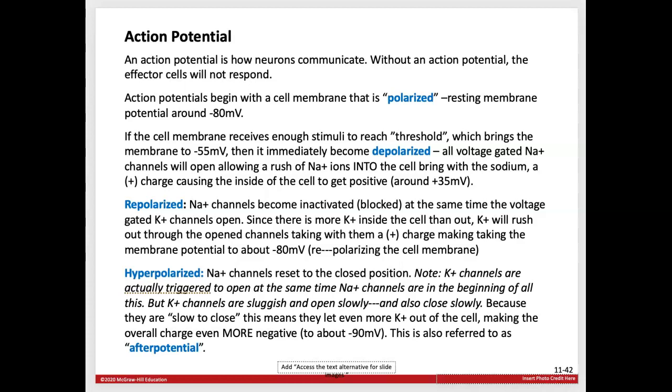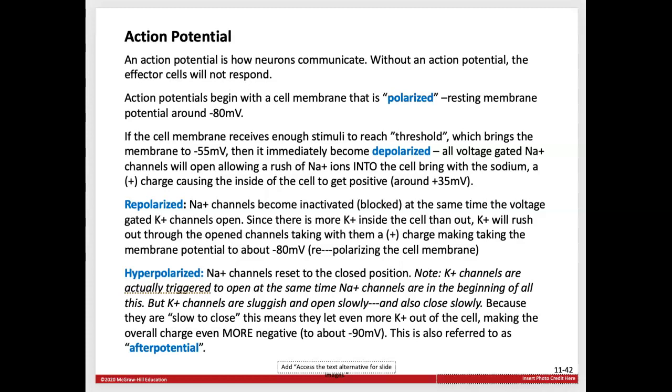At that point, tons and tons of voltage-gated sodium channels will open. If you remember, there's tons of sodium on the outside of the cell. So when those gates open, tons of sodium will rush into the cell, bringing with them a positive charge. This causes the inside of the cell membrane to get positive, around positive 30 or positive 35 millivolts, somewhere in that area.